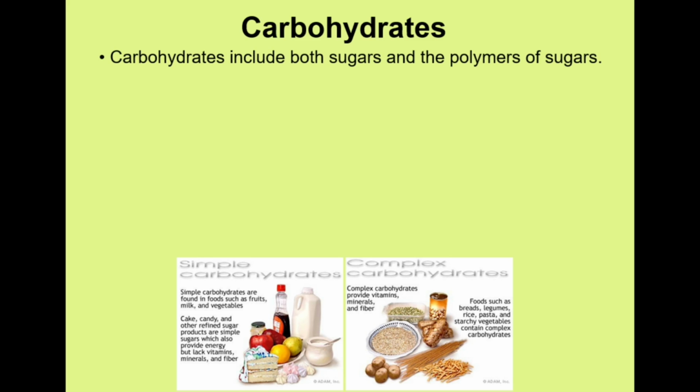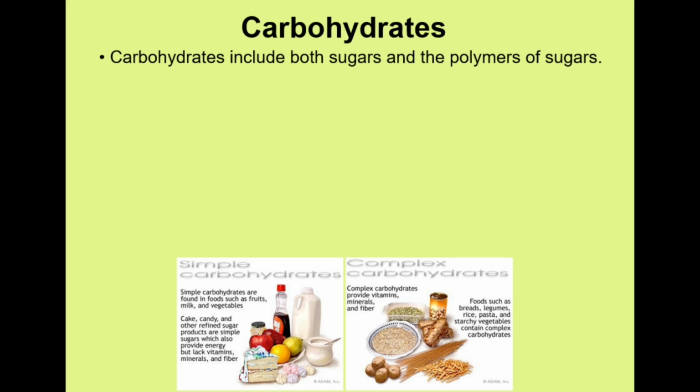So what actually are carbohydrates, in terms of their sugar and their structure, and where do we find them? Well, carbohydrates include sugars, which we tend to refer to as the smaller carbohydrates, what we call mono and disaccharides. But we also get carbohydrates in the form of polymers of sugars.